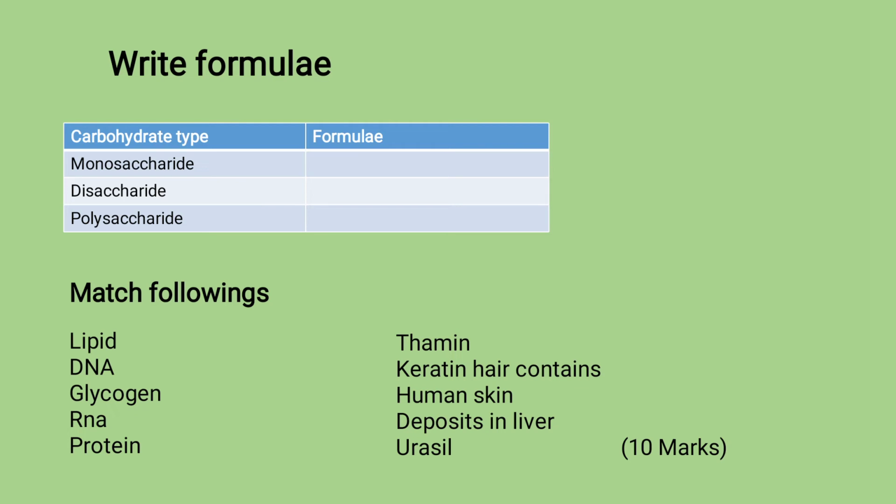RNA, uracil. RNA should have all 3 letters capital. Protein, keratin. The protein which is contained in human hair is keratin. So keratin is one type of protein. Here 2 marks for each, total 10 marks.